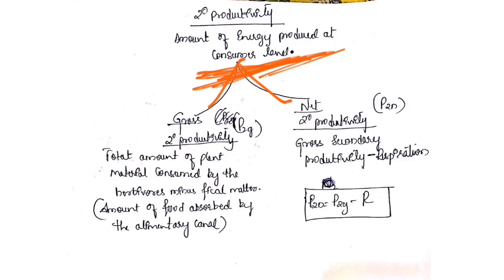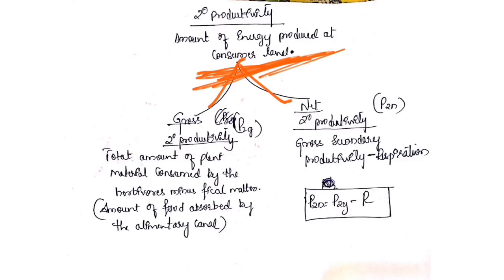Gross secondary productivity is the total amount of plant material consumed by the herbivores minus fecal matter. So if an organism eats around 2 kgs of green leaves, then all the 2 kgs is not utilized. Some amount of the food which is eaten is eliminated as waste.